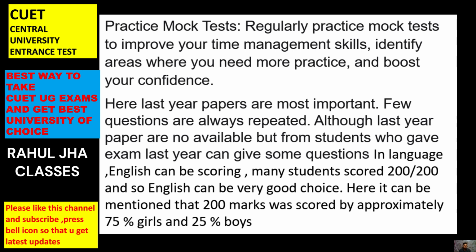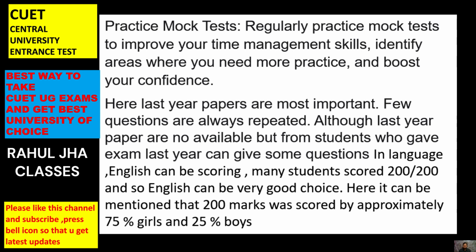Now, in language, English can be very scoring. Many students have scored 200 out of 200. So English can be a very good choice. Here I mentioned that 200 out of 200 marks are scored by approximately 75% girls and 25% boys.